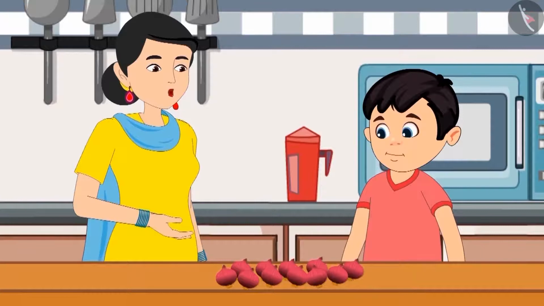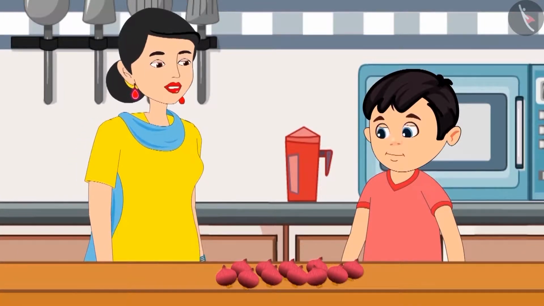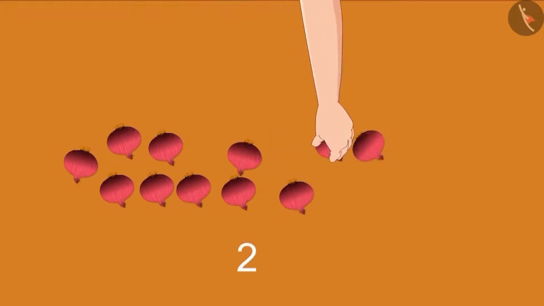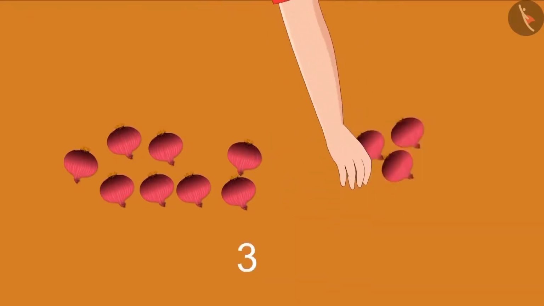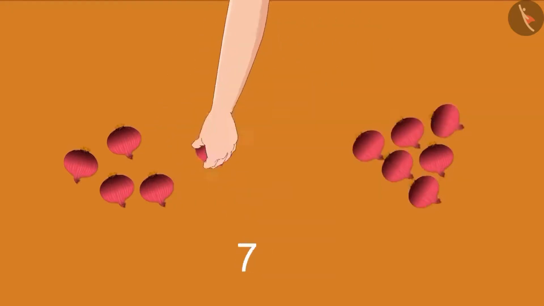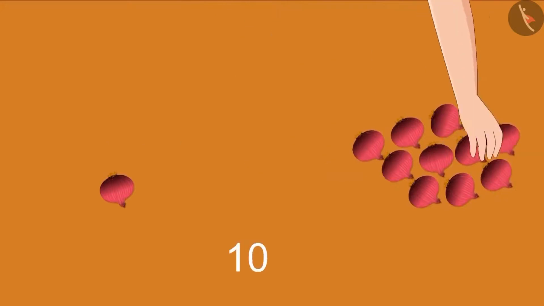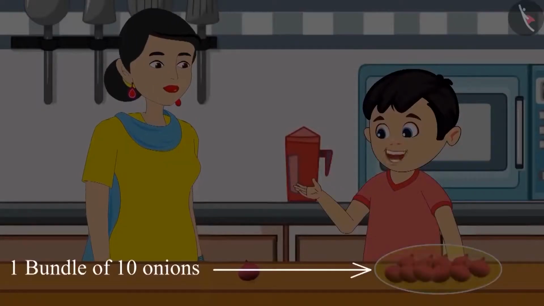Wait, count the number of onions by making a bundle of 10 each. For this, first make 1 bundle of 10 onions. Okay, Mummy. 1, 2, 3, 4, 5, 6, 7, 8, 9 and 10. Take this, mother.